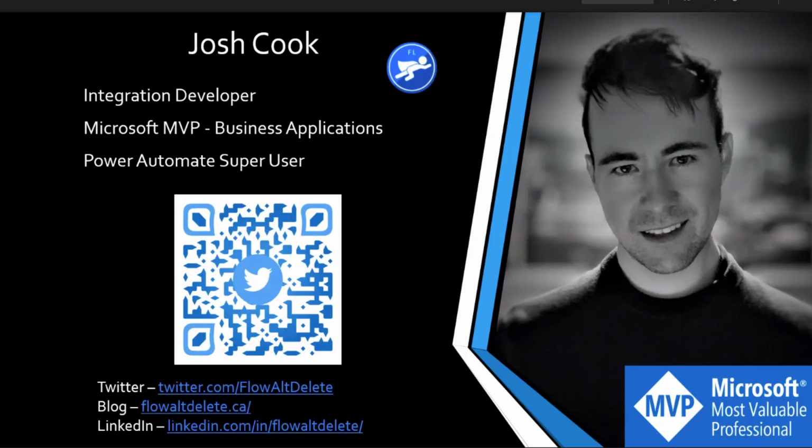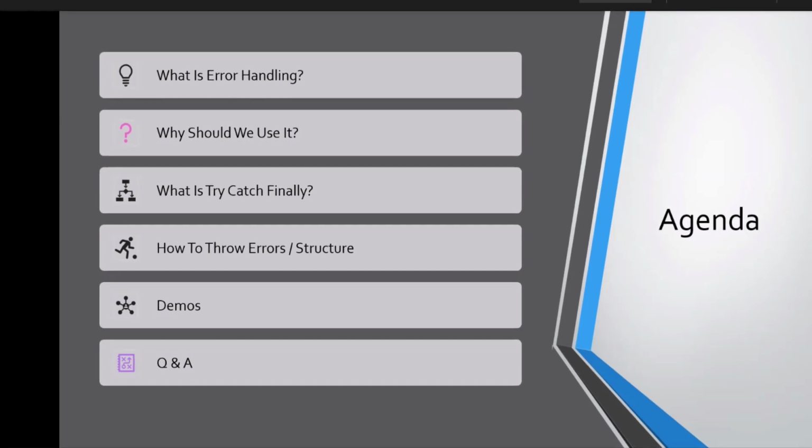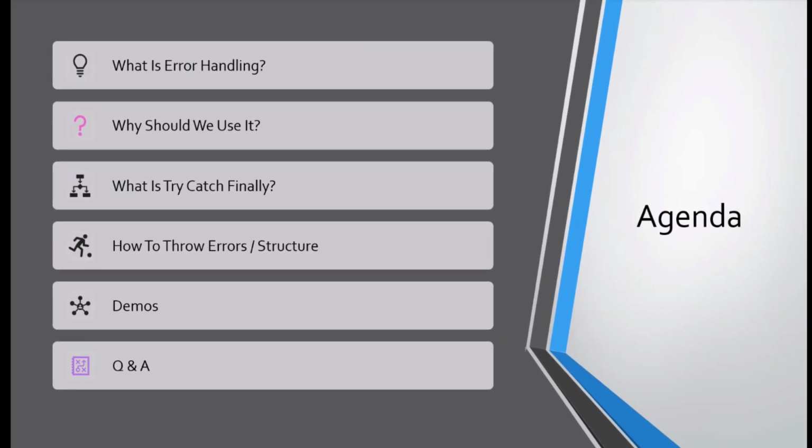So today's agenda is going to be basically what is error handling. Pretty simple. Why you should use it, and we are going to be using a structure called try catch finally. I come from a coding background, so I kind of already knew about try catch finally. I didn't know you could or even wanted to implement it in Power Automate, but found out very quickly that it's probably a great idea to implement that.